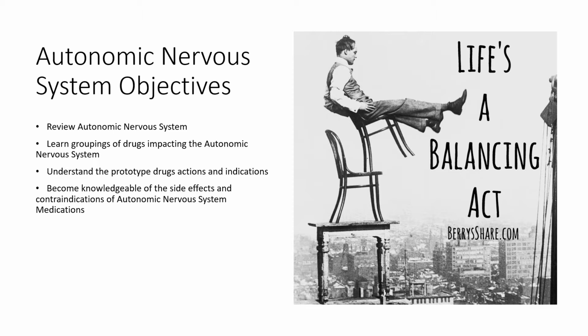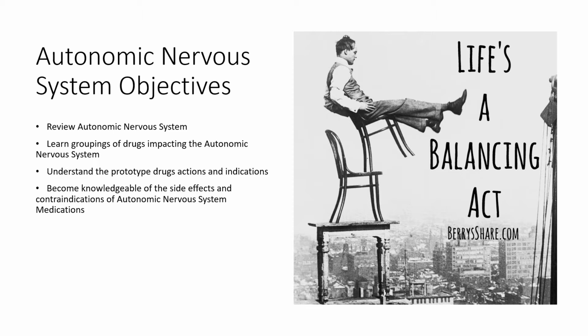We'll go over some prototype drugs for the parasympathetic system. And remember, the parasympathetic system, you can stimulate it, so it's an agonist, or a parasympathomimetic, so it mimics the parasympathetic system, or you can antagonize it, meaning you can block it, and that's a parasympatholytic or an anticholinergic, because the parasympathetic system is the cholinergic system.